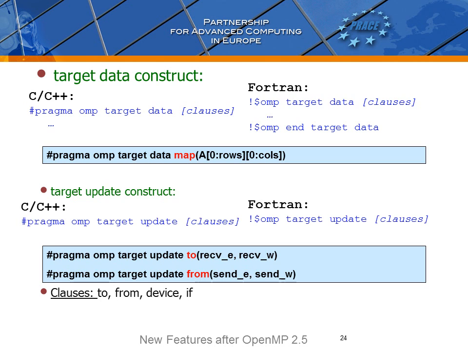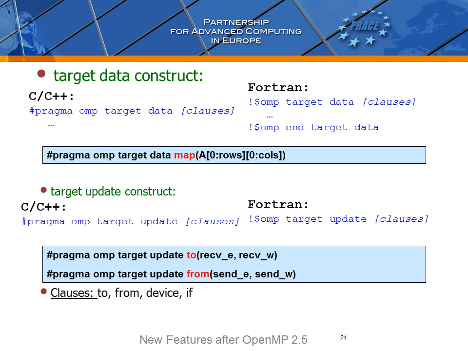The target update construct makes the corresponding list items in a device data environment consistent with the original list items according to specified clauses. It updates a variable from the data environment of the current task to the enclosing device data environment, or vice versa.